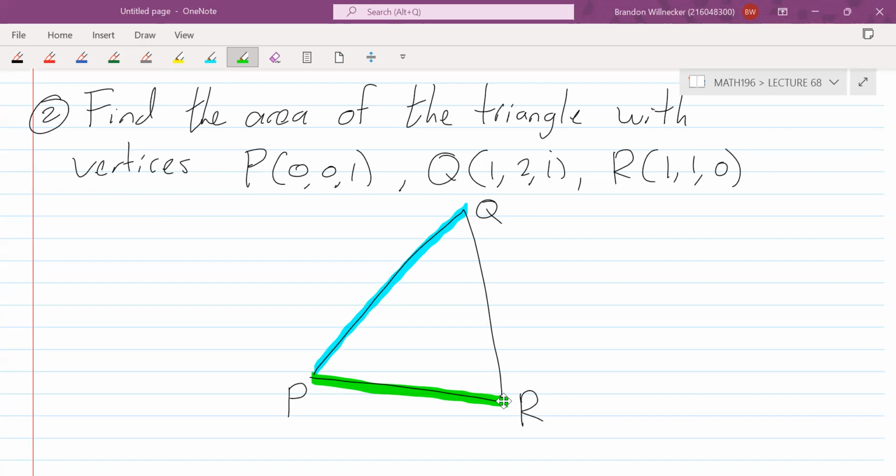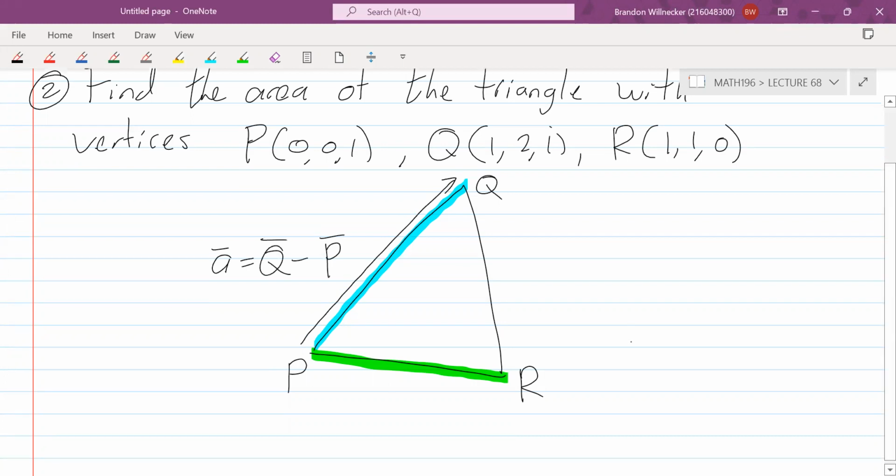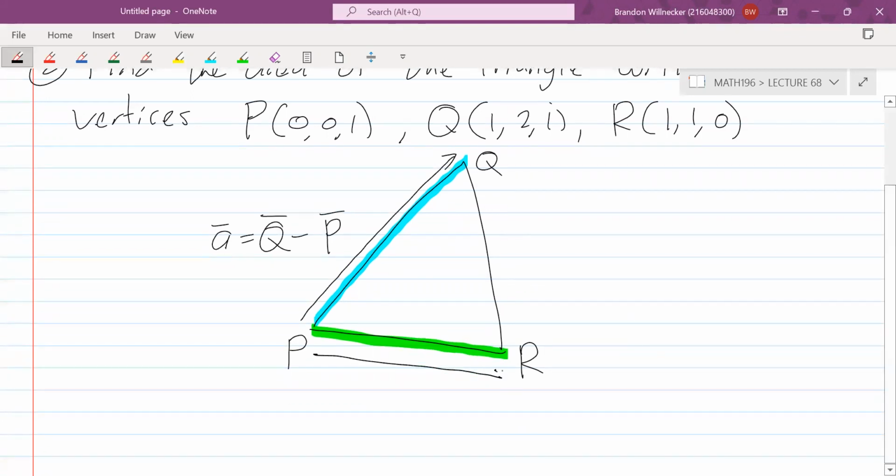Okay, so PQ, let's call that side A, the vector going from P to Q. So this vector going along there is going to be the vector going to Q minus the vector going to P, and that will give us the vector going in between the 2. So let's call that A. And for the other side, it's going to be something like that.